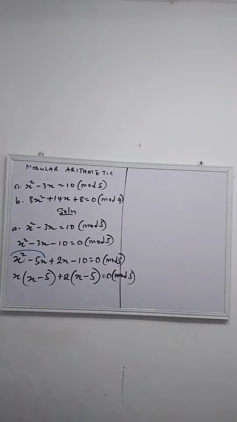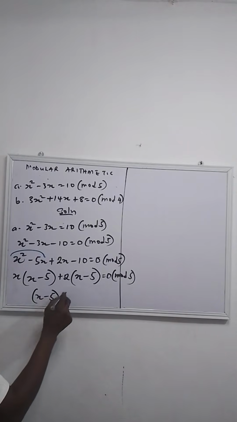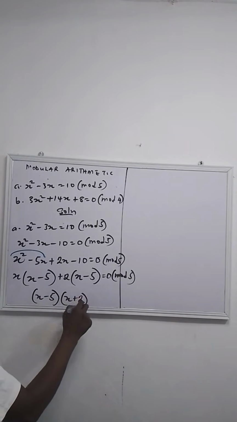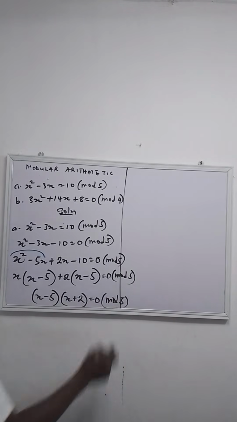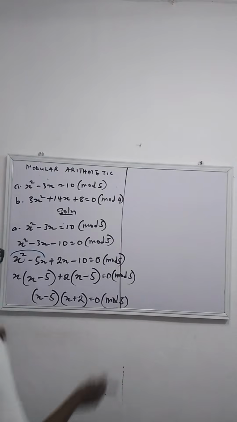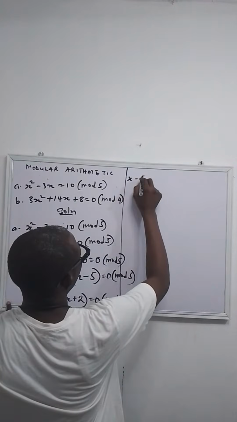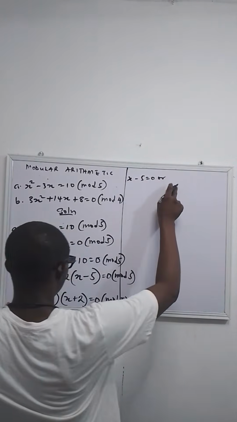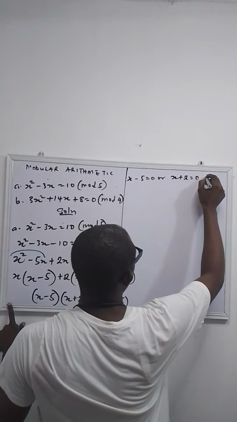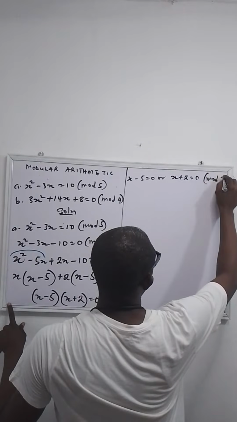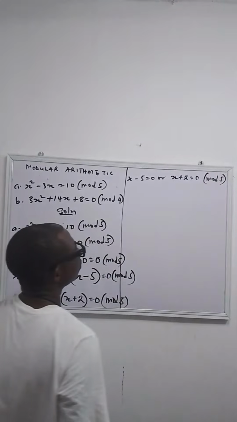All right. So now let's factor out this. So you have (x minus 5)(x plus 2) equals 0 mod 5. All right. So we now have either x minus 5 is 0 or x plus 2 is 0 mod 5. All right.